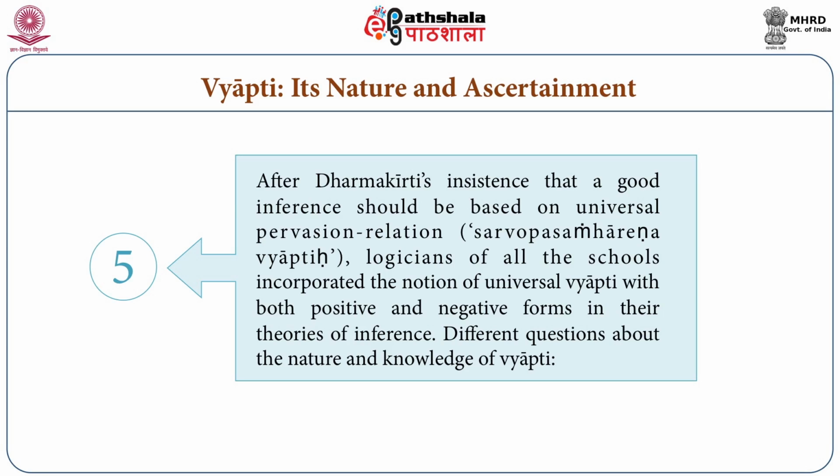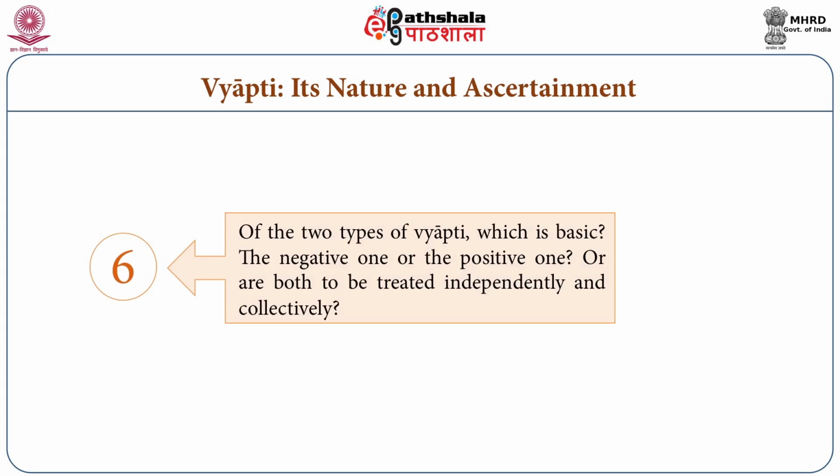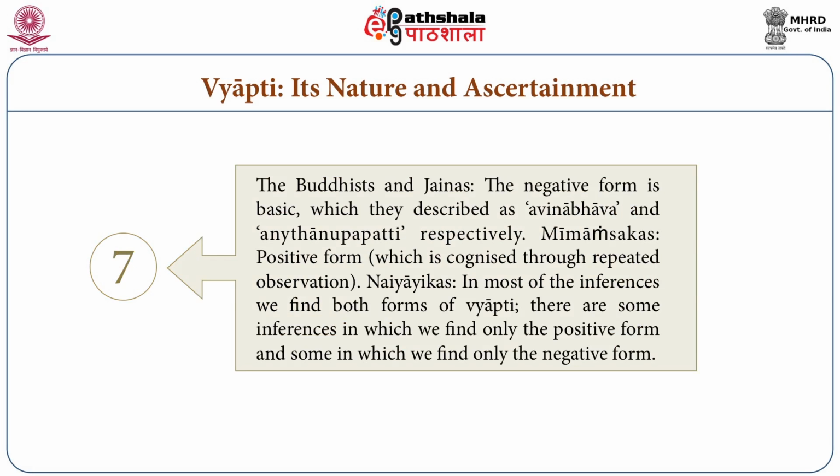One question is, of the 2 types of Vyapti, which is basic, the negative one or the positive one? Or are both to be treated independently and collectively? On this, Buddhists and Jainas would respond that the negative form is basic, which they described as avinabhava and anyathanupapatti respectively.